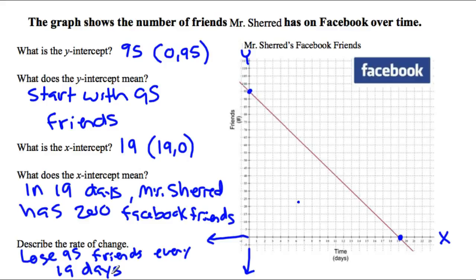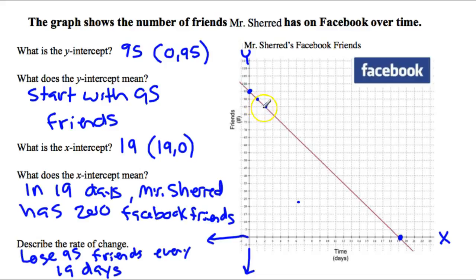Could that be simplified? Well, if I look at the graph up here, let's see, one day. How many friends did he lose in one day? So he started at 95, and then on day 1 he had 90. So he lost 5 friends in one day. Does that continue? So on the second day he was at 85 friends.